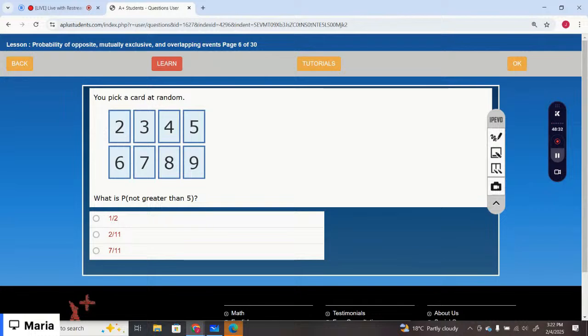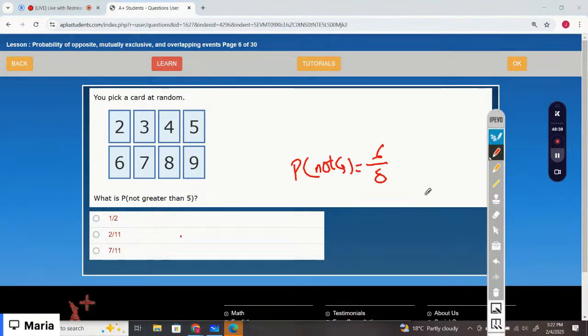Okay, you pick a card at random. What is the probability of not greater than 5?